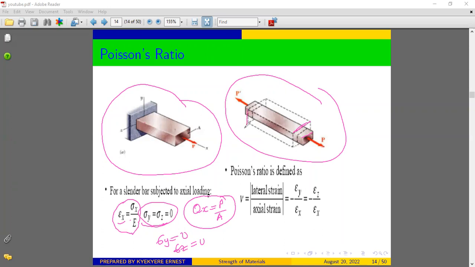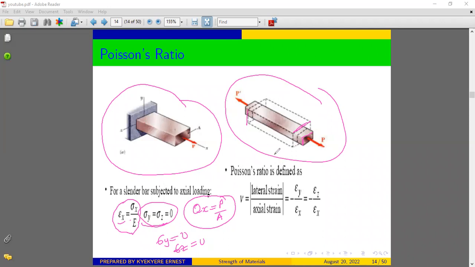But because of the deformation along the x-axis, that distance had also been contracted, and now this is the length on the y-axis. So we can see that the elongation in the x-axis has resulted in the contraction in the length on the y-axis and also in the length on the z-axis.